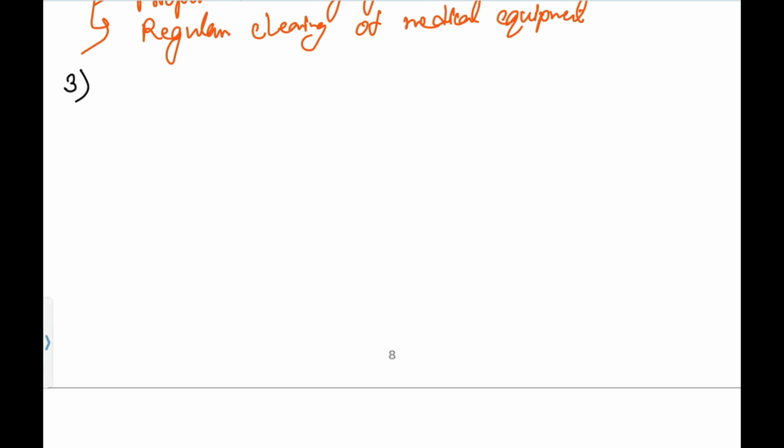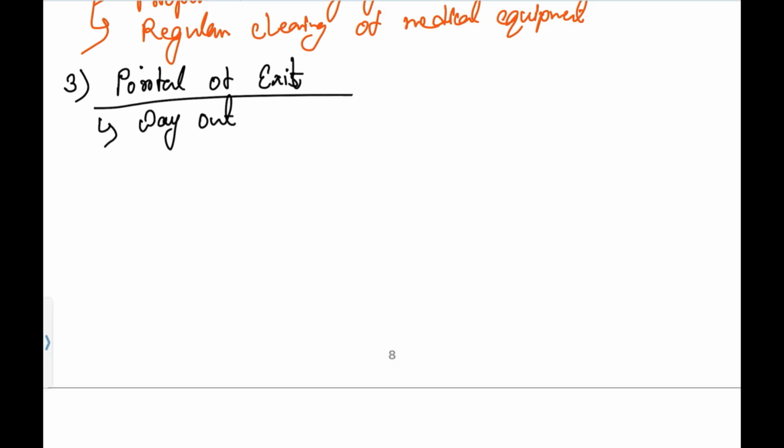Now coming to the third component. Which is the third component? That is the portal of exit. Portal of exit means the way out, the path out of the reservoir. It is how microorganisms come outside from the reservoir. For example, blood. Let's think I am a host, and inside my body microorganisms, either bacteria, virus or fungi, disease-causing organisms, are multiplying.